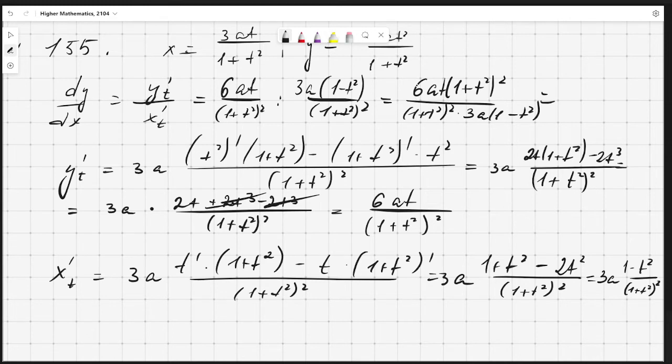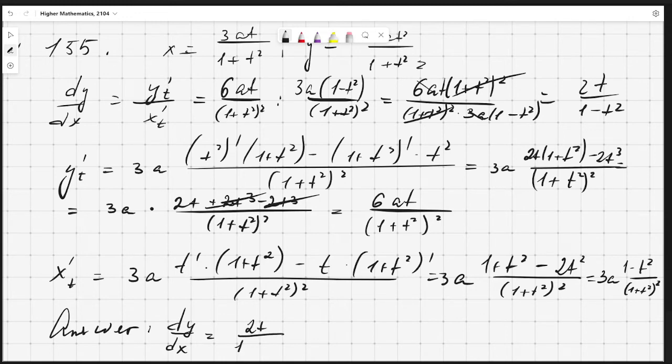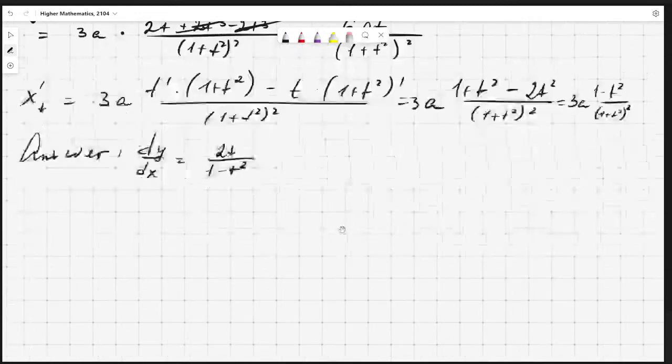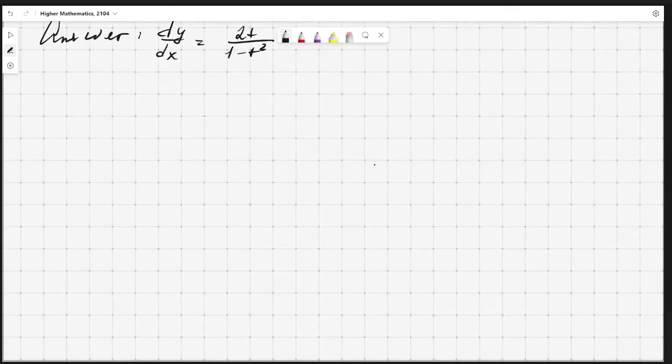Simplify to 2t over 1 minus t squared, and our answer: dy over dx equals 2t over 1 minus t squared. Is it clear? Yes, it's very clear.